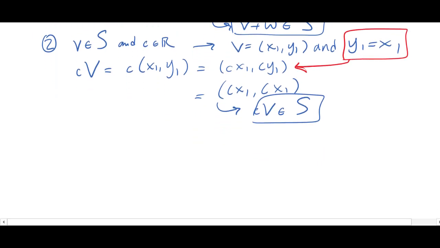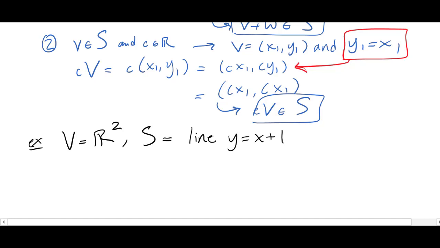Now we could change this example just slightly. Let's say V is R2, and the subset is the line y equals x plus 1, which is the set of pairs x, x plus 1.